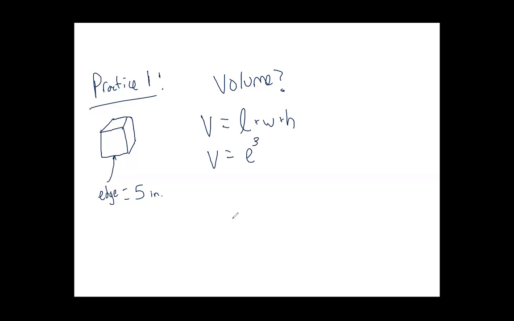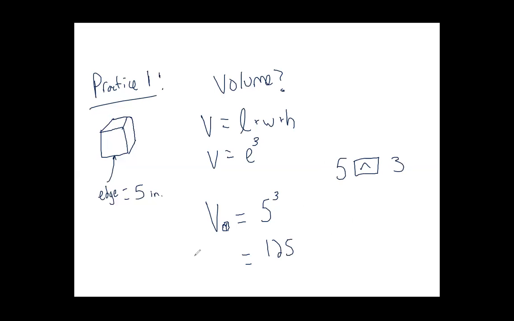So if I need to find the volume, I'm just going to say volume of my cube is equal to edge to the 3rd, or 5 to the 3rd. I could type it into my calculator. I just have to hit 5 caret 3, and you'll get 125.